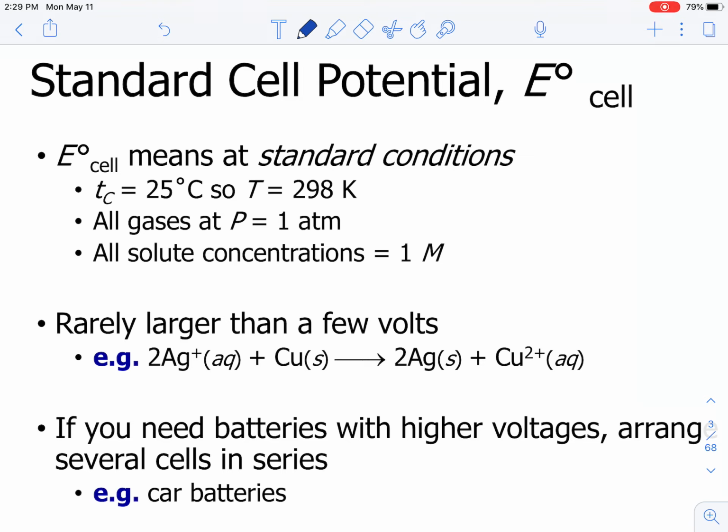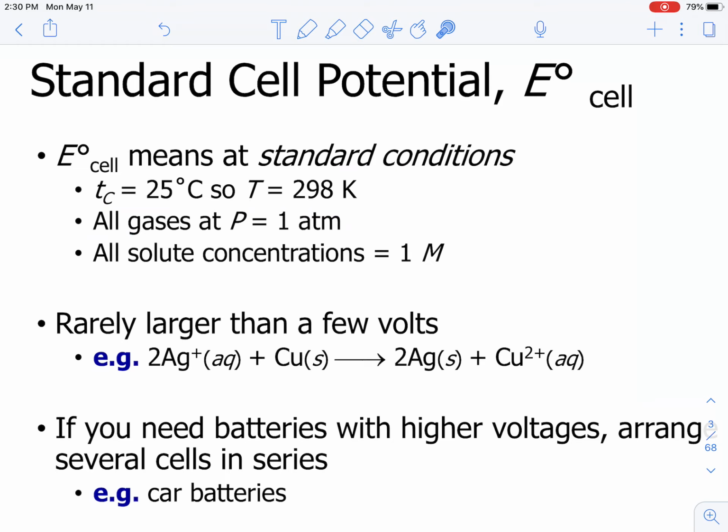And so the standard conditions is going to be 25 degrees Celsius or 298.15 Kelvin. If your cell potential involves any gases, then the pressure, or the partial pressure, under standard conditions is going to be 1 atmosphere.